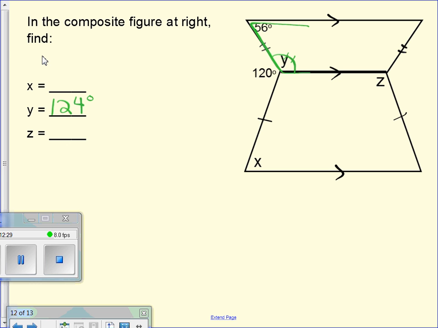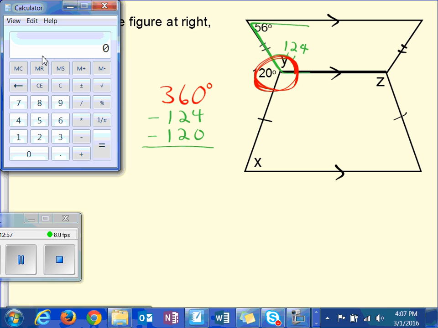Now what am I going to do here? Well, that 120 isn't sitting there for no reason, right? I see these three angles together making a familiar shape, which is a circle, which is a total of 360 degrees. So along with the fact that there's a 120 and a 124 here, what I want to do is subtract them and figure out what's left over.